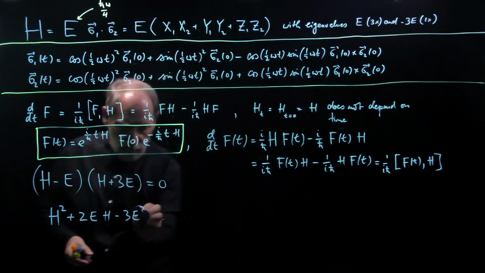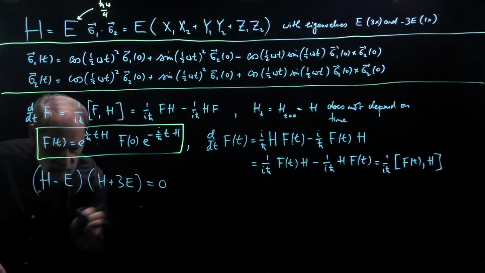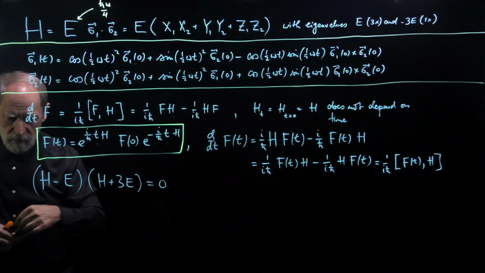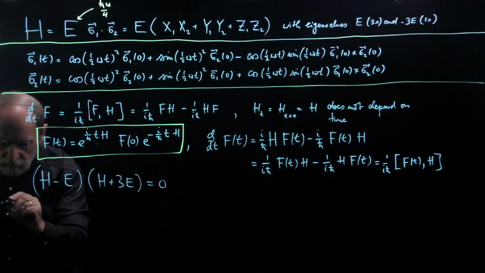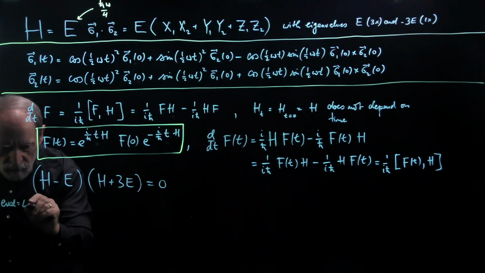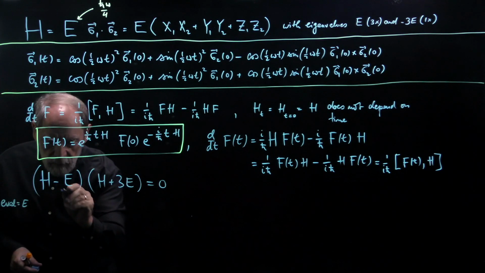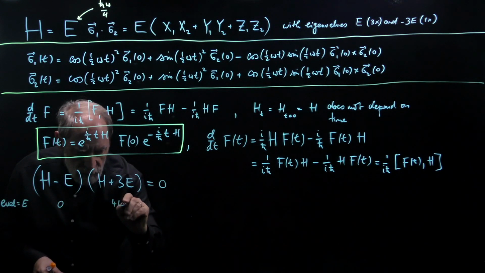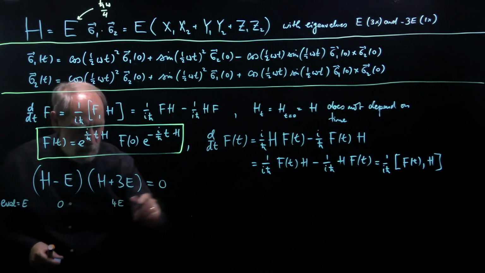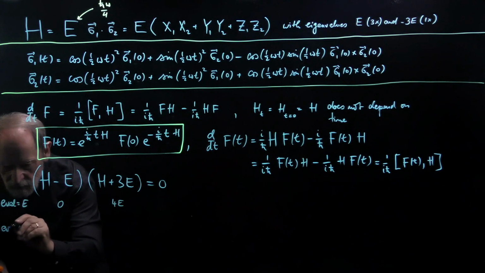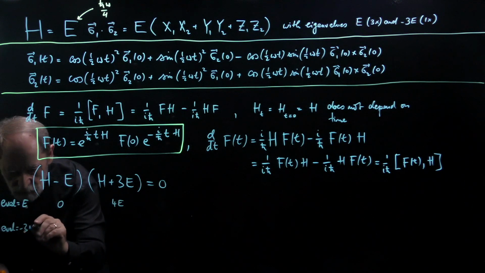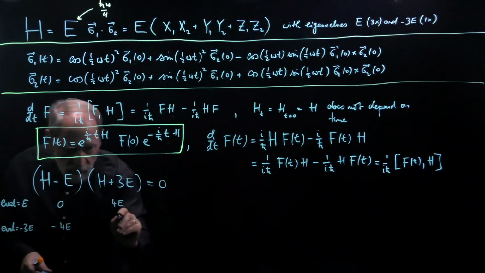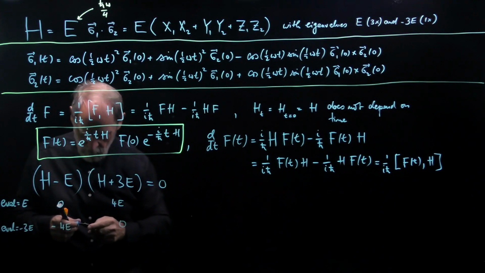Further, if I look at these factors that appear here, and I look at them when the eigenvalue is equal to E, then this factor is 0, and this factor is 4E. So I get 0 times 4E equals 0. If I take the eigenvalue equals negative 3E, then here I have minus 4E, and here I have 0.